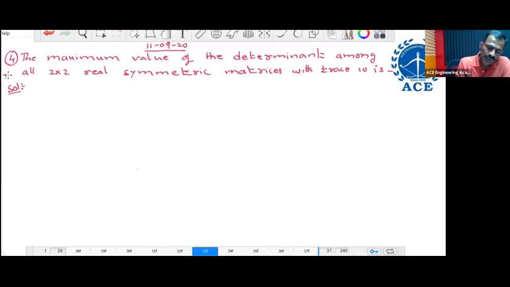It is a 2 marks GATE question on that. It is a 2 marks GATE question.